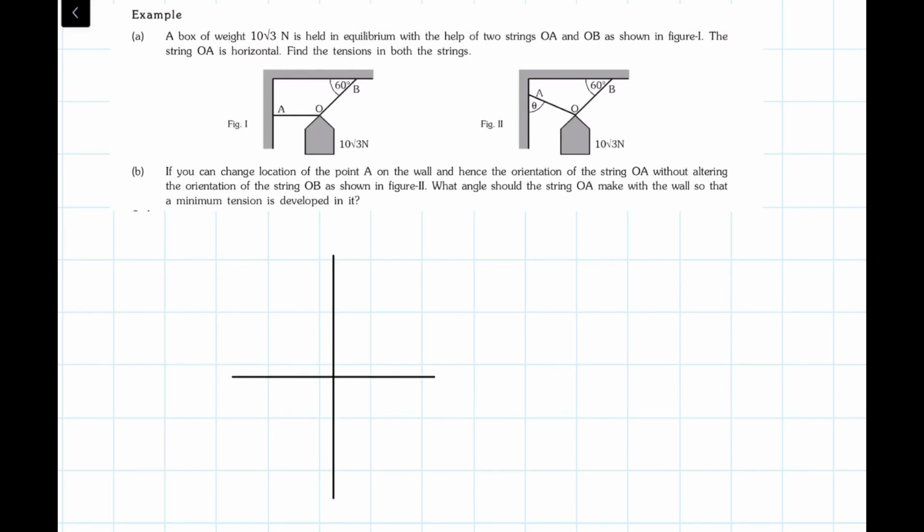So let's read the question, part A. A box of weight 10 root 3 Newton is held in equilibrium with the help of 2 strings OA and OB as shown in the figure. The string OA is horizontal, and find the tensions in both the strings. So let's focus on the first part alone. Let's read the second part after doing the first part.